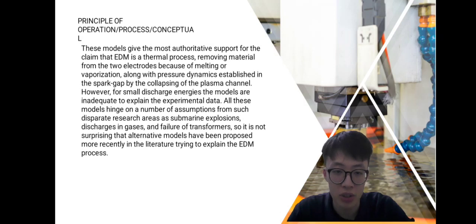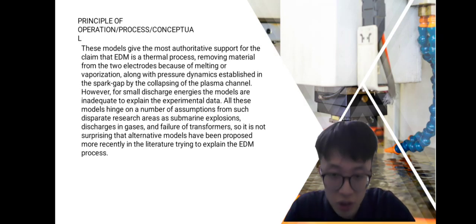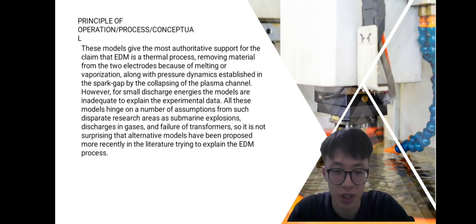All these models hinge on a number of assumptions from such disparate research areas as submarine explosions, discharge in gases, and failure of transformers. So it is not surprising that alternative models have been proposed more recently in the literature trying to explain the EDM process.